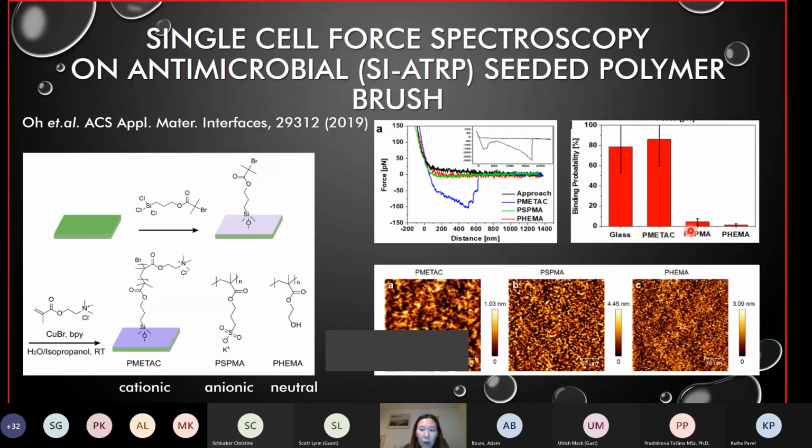But with the same charged surface, they start to repel, and that shows the antimicrobial effect of the surfaces. So I can say that now we can apply many different surfaces to test the antimicrobial effect, or the biocompatible effect between the cell and the surfaces, using our single molecule force spectroscopy technique.